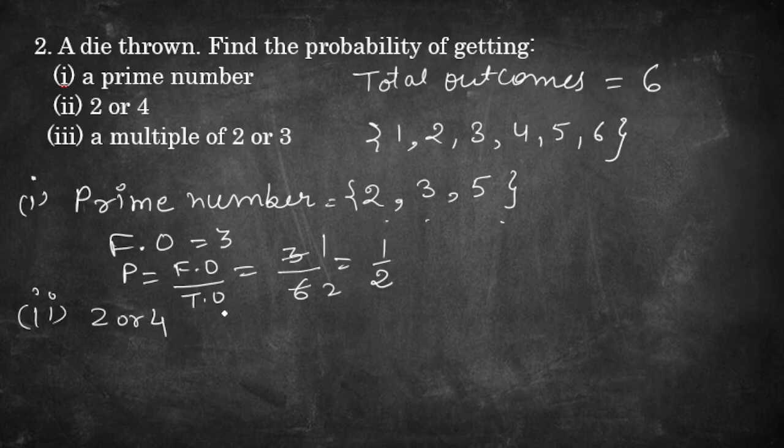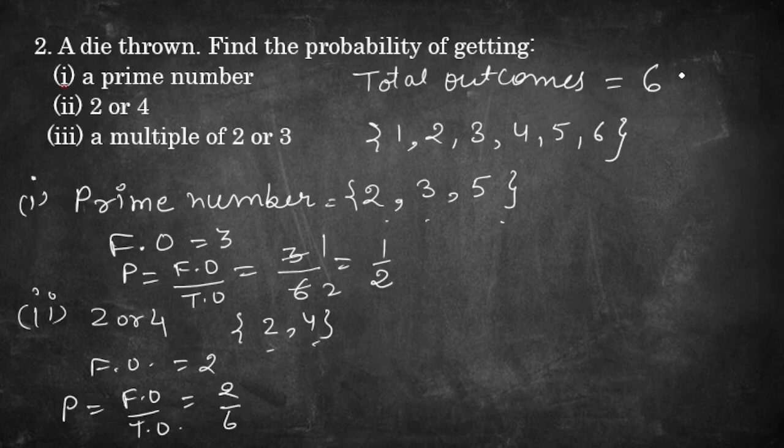Now here you can see 2 or 4, either 2 will come or 4 will come. So what are the favorable outcomes? There are 2 favorable outcomes, 1 and 2. So what will be the probability? Probability is favorable outcomes upon total outcomes. Favorable is 2 and total is 6. 2 ones are 2, 2 threes are 6. 1 by 3 is the answer.